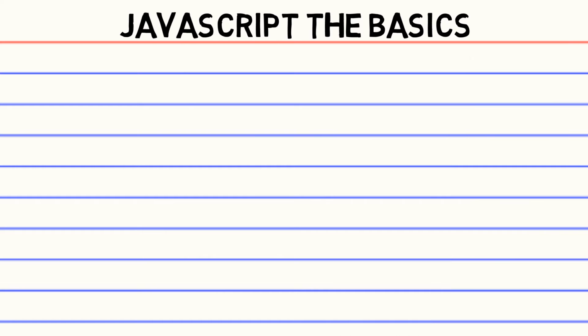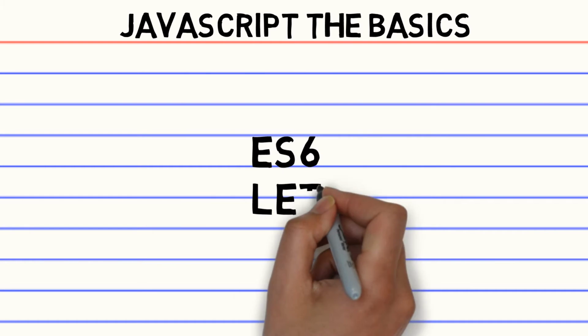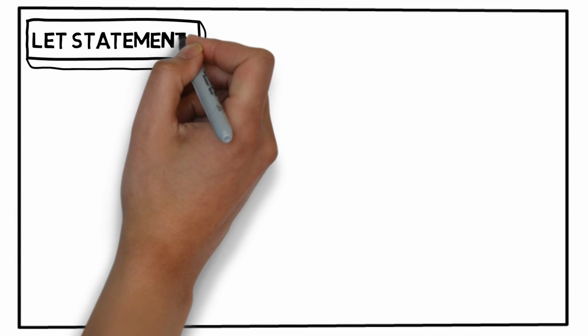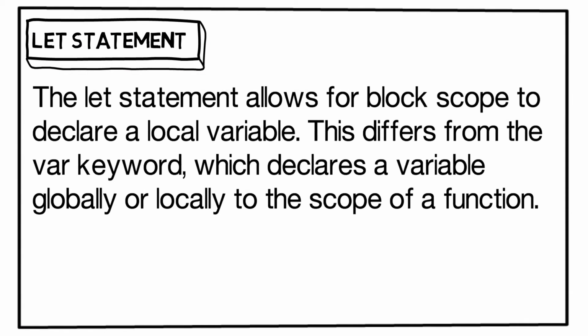In this section, we're looking at ES6, also known as ECMAScript 2015. In this lesson, we're going to look at let statements in JavaScript. What is the let statement in JavaScript? The let statement allows for block scope to declare a local variable.